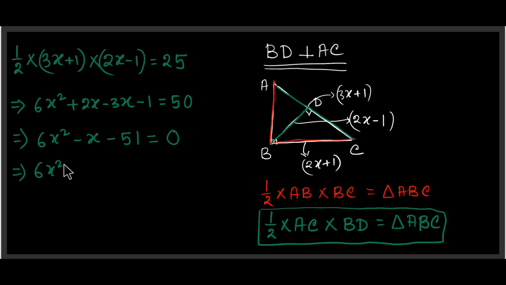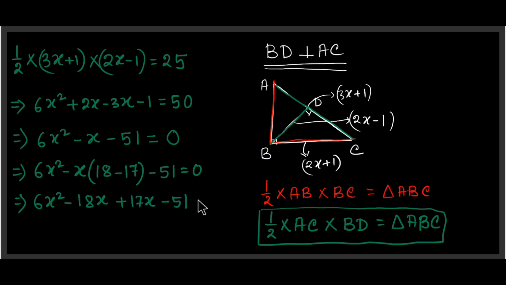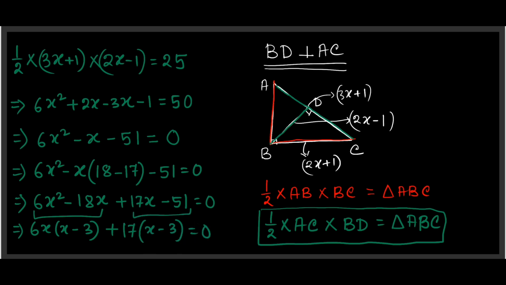So 6x square minus x into, we can write 18 minus 17. Since 18 into 17 is 6 into 51, so by middle term factorization, we can write 6x square minus 18x plus 17x minus 51 equal to 0. Now, from this we take 6x, so x minus 3, and from this we take 17, so x minus 3 equal to 0.